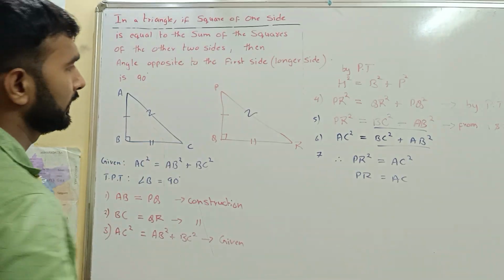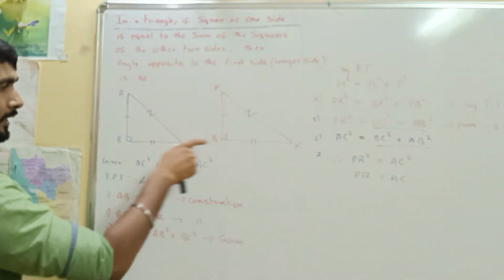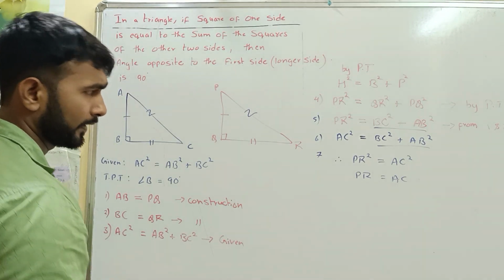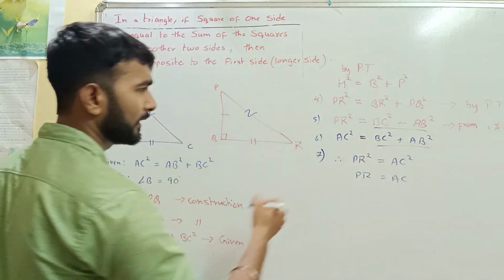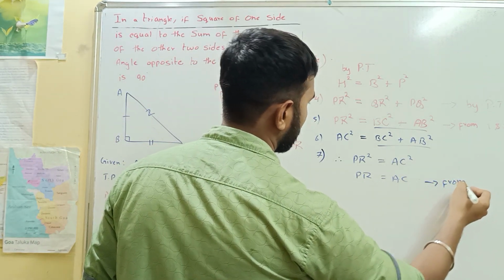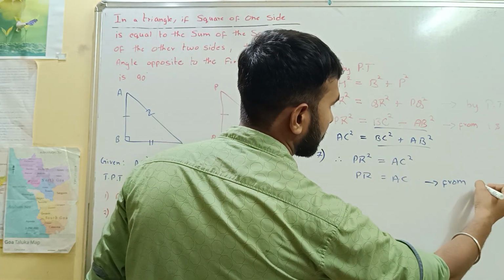Now we proved that these two sides are equal, and we had already taken these as equal, right? So here we can write one reason from step number 5 and 6.